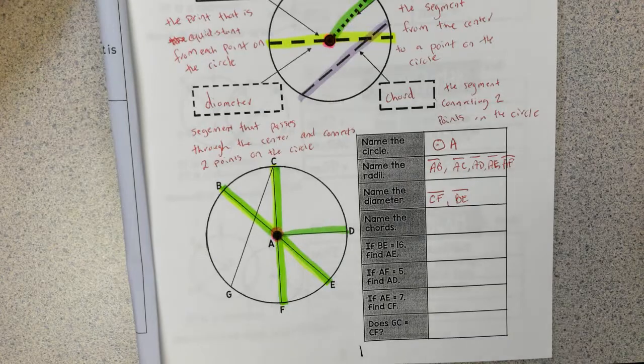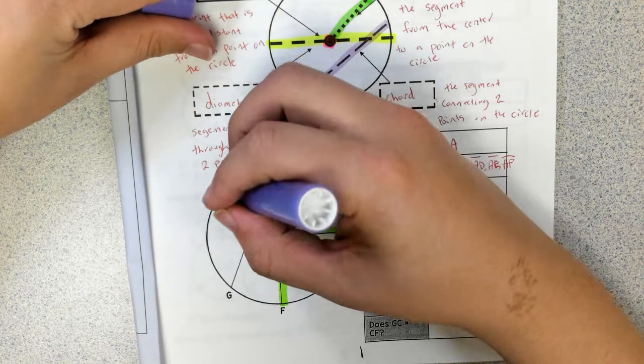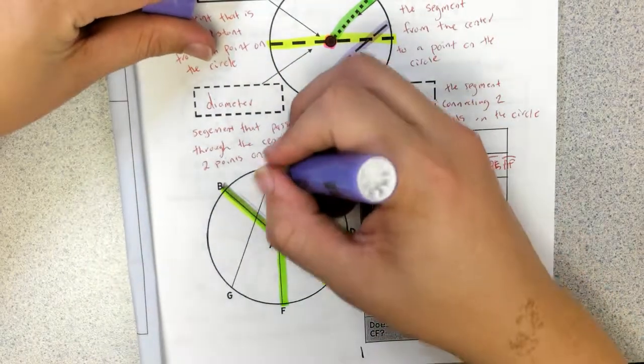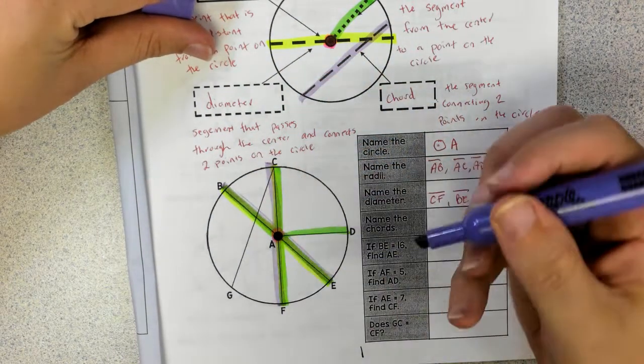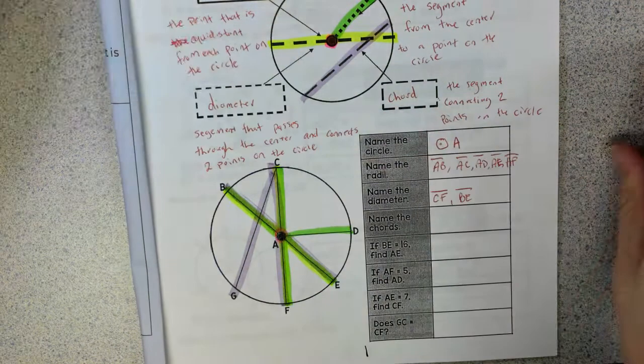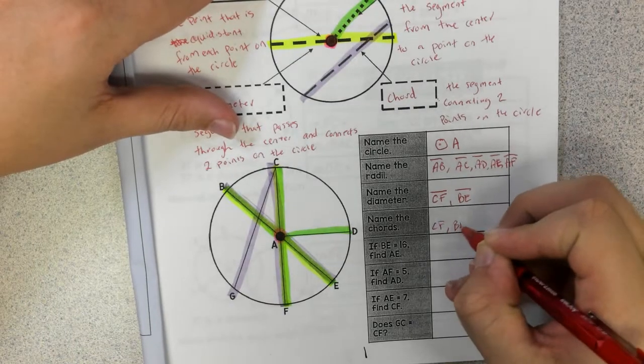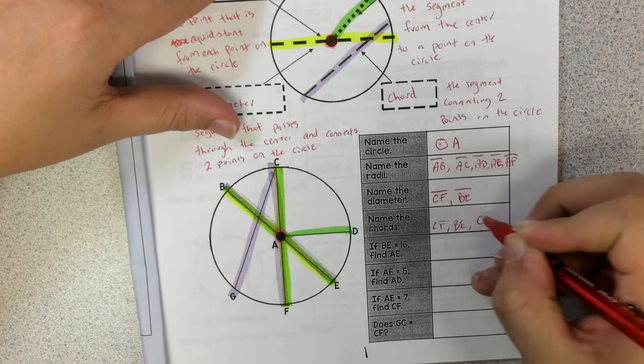Now we have to name the chords. Well, our diameters are a type of chord because it's a segment connecting 2 points of the circle. So we can have BE again and CF. But we also have GC or CG. So we have CF, BE, and CG.